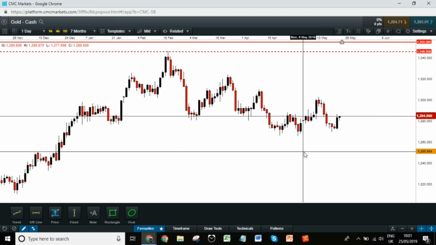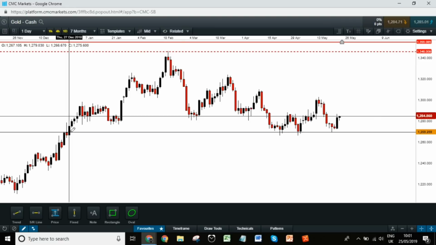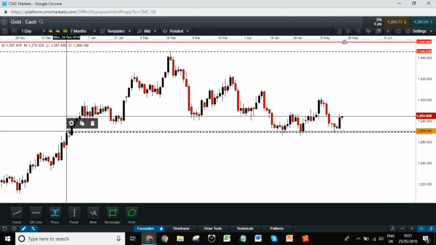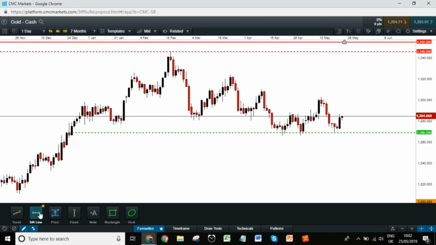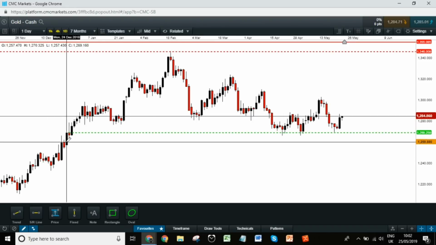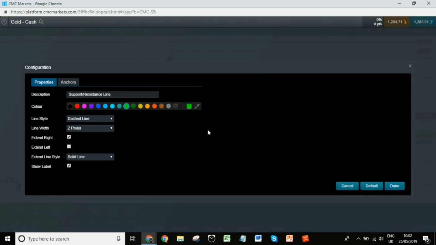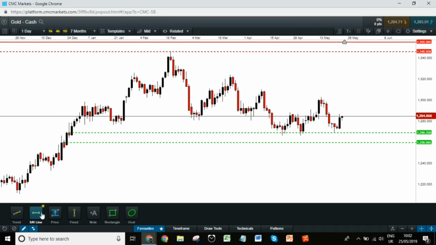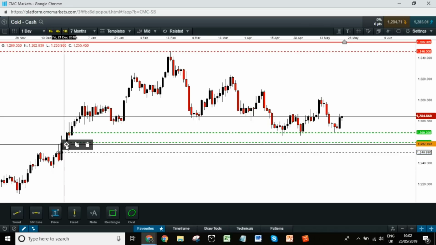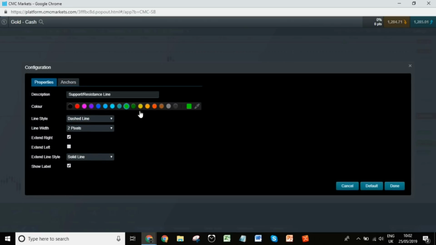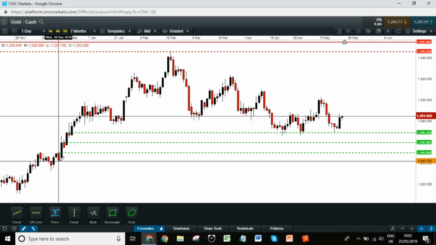Okay, so let's just bring this over here now. Now we have a zone on top of a zone on top of a zone over here. So let's just mark that all in. And we have that here. And let's get the final one in here.